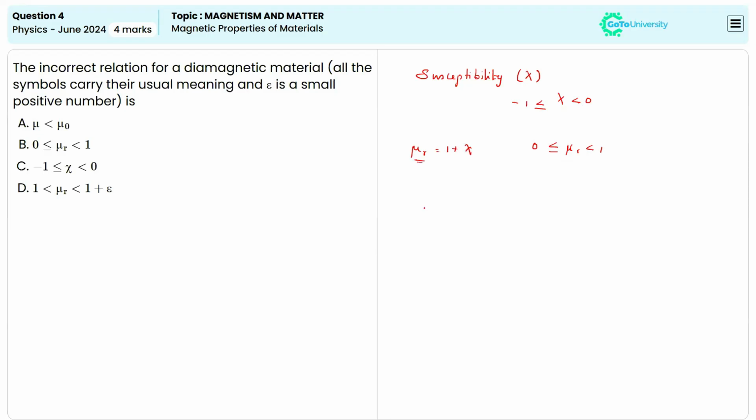The absolute permeability is related to the relative permeability, so we can write mu equals mu naught times mu R. In terms of expression we can write 0 less than or equal to mu R less than 1, or else mu less than mu naught. So based on this we can say the incorrect option here is option D.